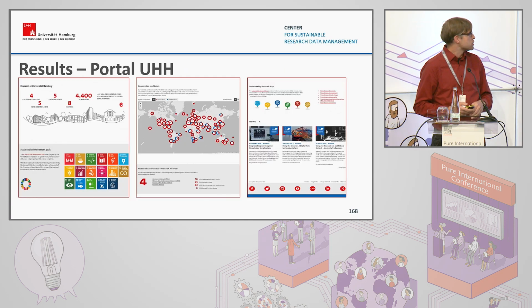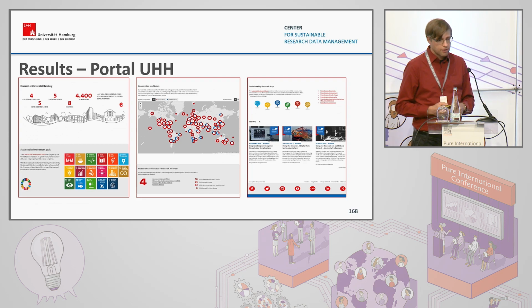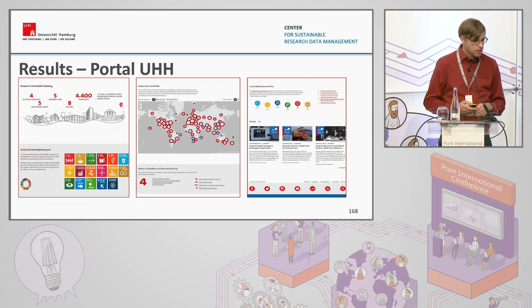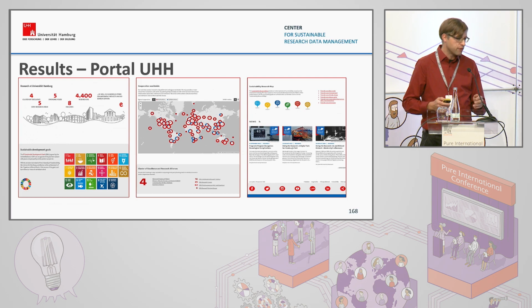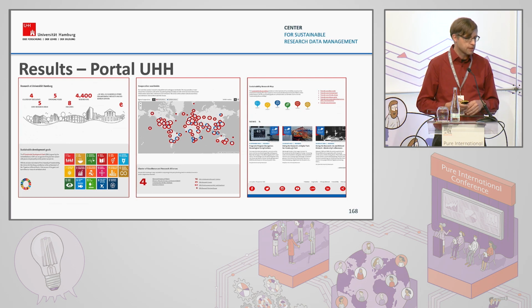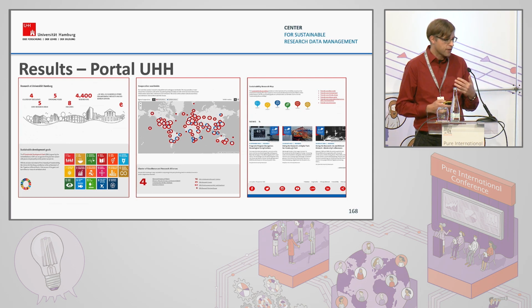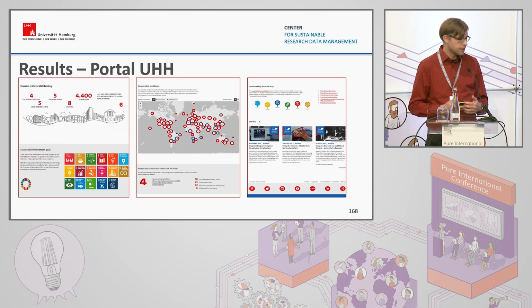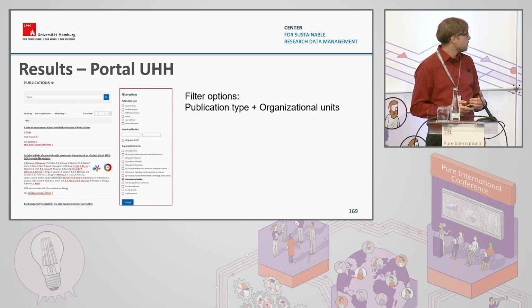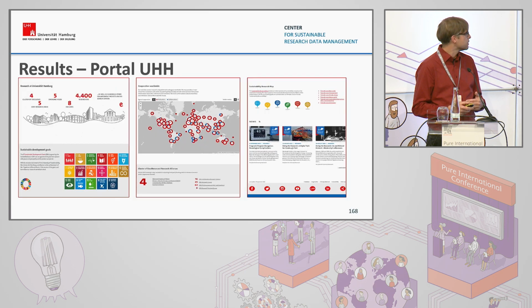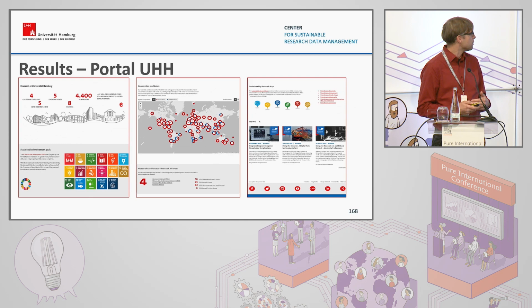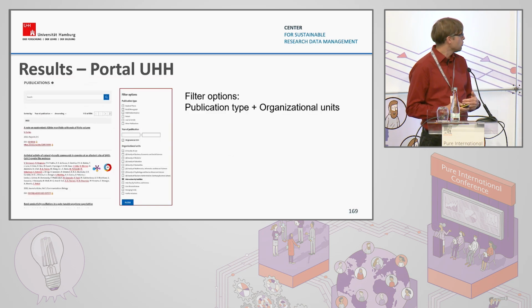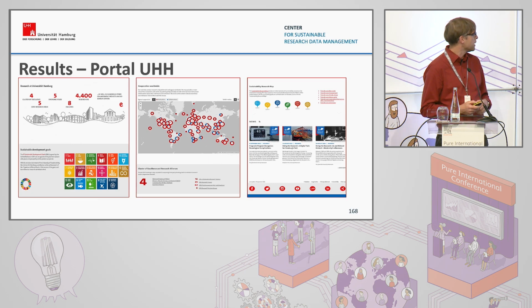I jump back to the main page. We present some key figures, like the number of faculties, the number of persons, and some facts about core research areas of the university, and so on. Oh, okay, I missed a slide.